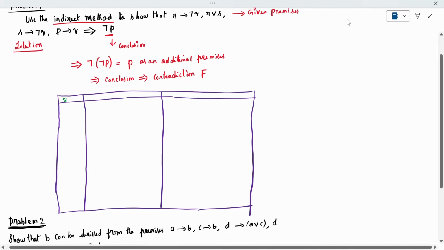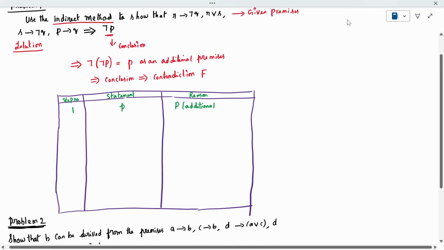The first column is step number, the second column is statement. The procedures are the same; only this additional premise is new in the indirect method. First we introduce the given premises. By choice, I will take this additional premise P first, because if I take it in between, I may forget. We have to mention it as the P rule, additional premise.